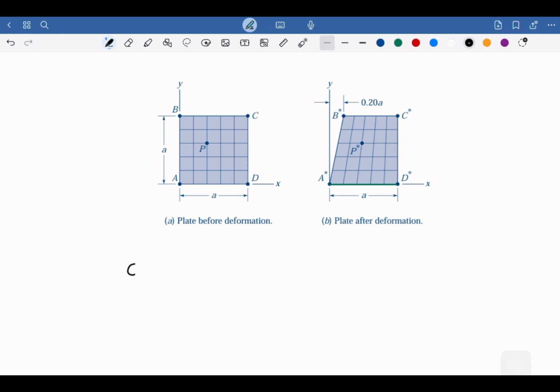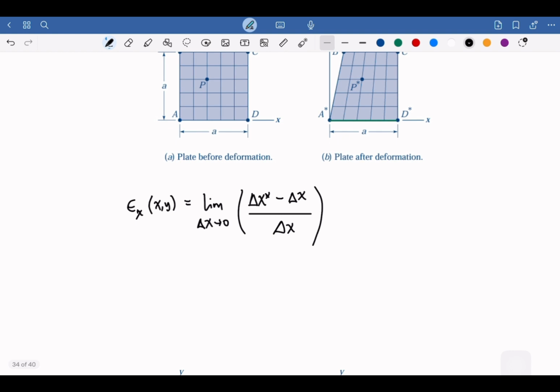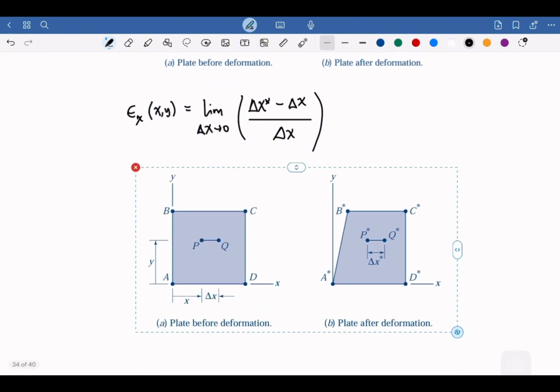We can say that we have the strain for x in the x direction as the limit as delta x goes to 0, and the delta x and delta x asterisk, we are going to see that both of them are defined in the figure.